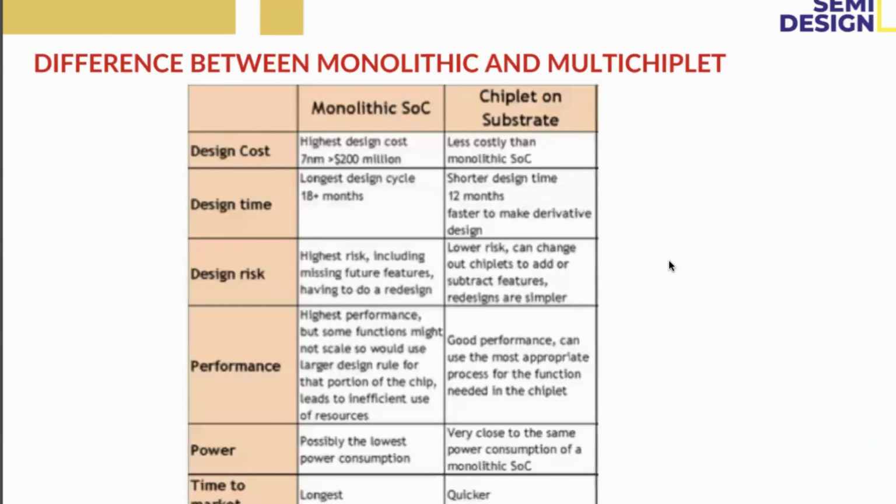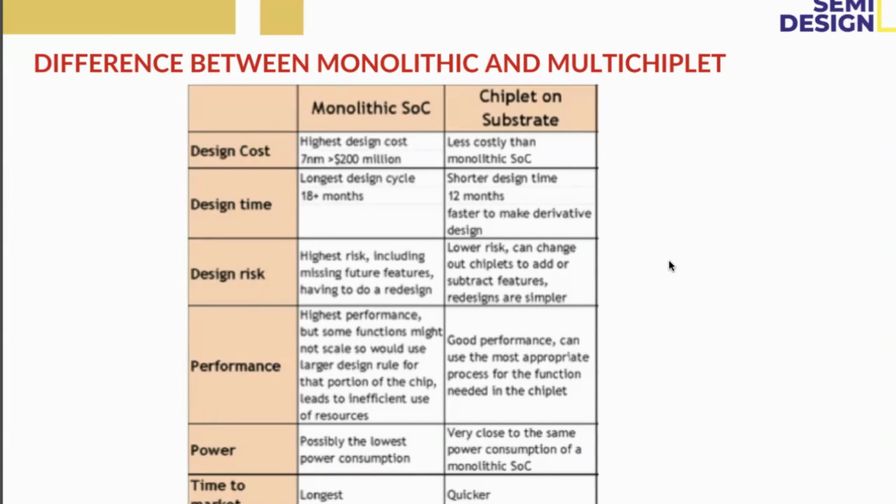And next, comparing monolithic and multi-chiplet on design cost. Monolithic has high cost because it is 7 nanometer and nearly $2,200 million in cost.